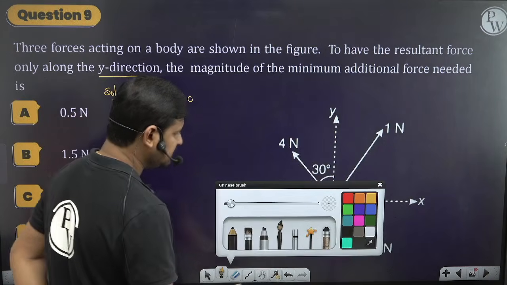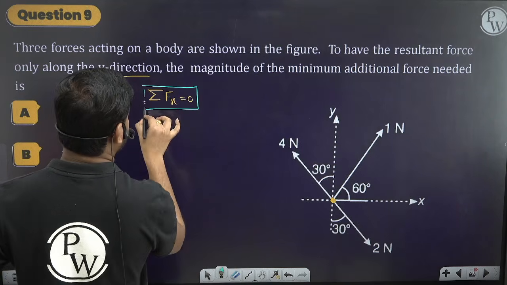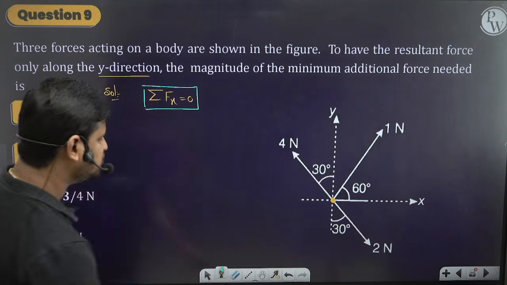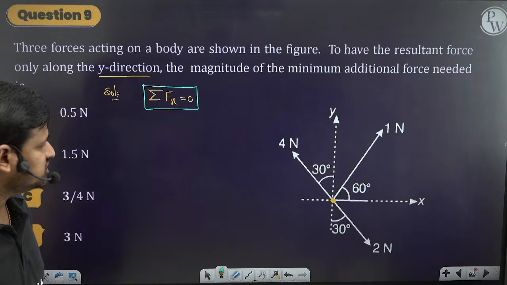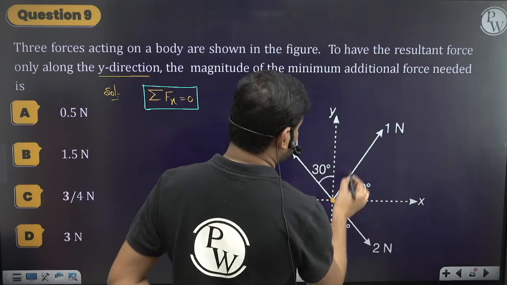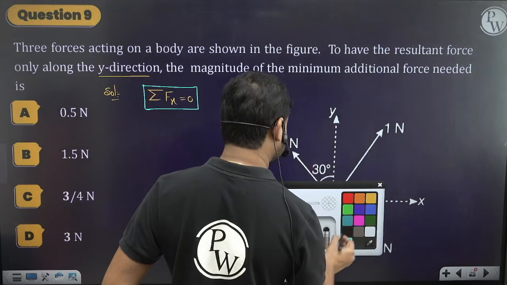Simple question. The hint that they gave is that the summation of forces in the x direction should be equal to 0. So first let's write all the components. Let's use different colors.